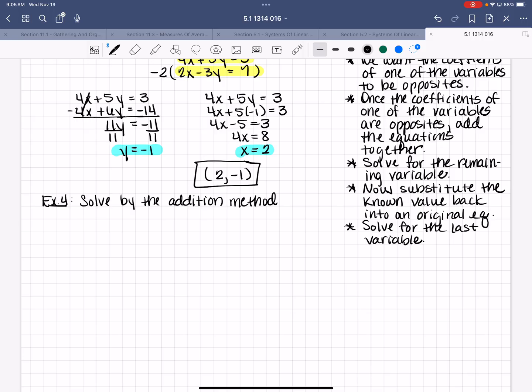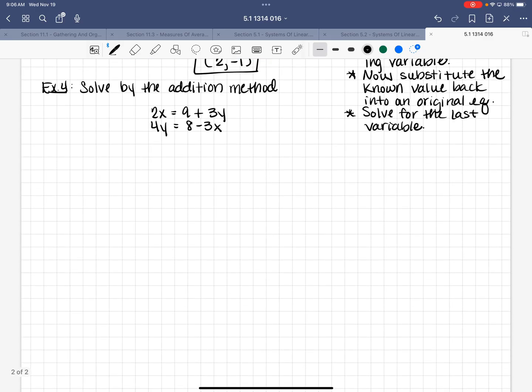I have 2x equals 9 plus 3y, and 4y equals 8 minus 3x. Okay, well, this one's kind of a mess, isn't it? And I'm going to tell you the addition method is the easiest way here.